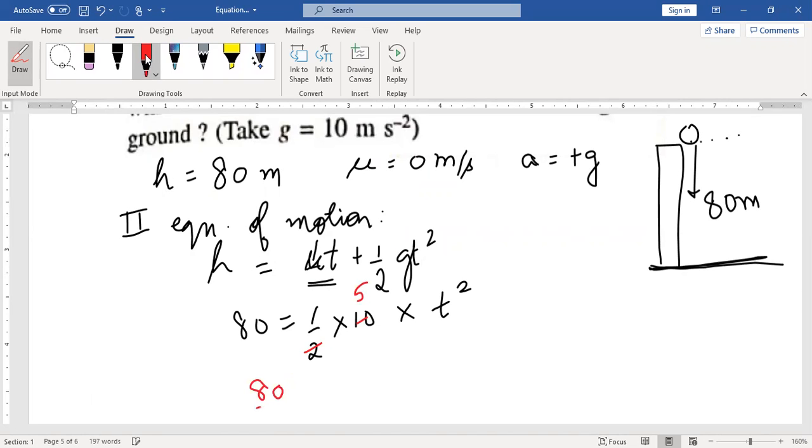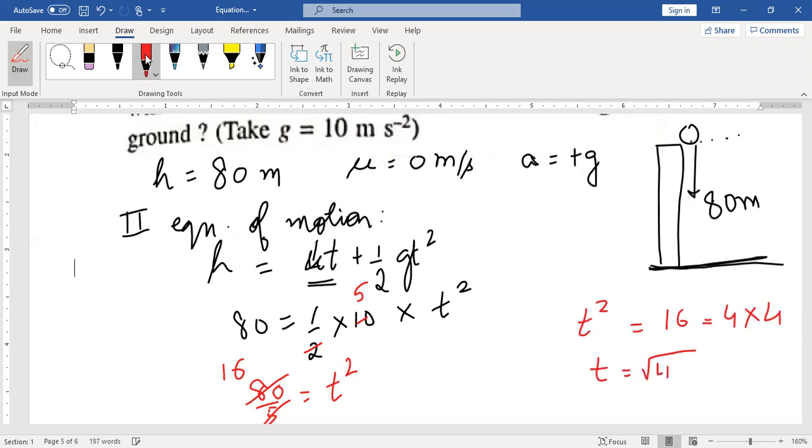80 upon 5 is equal to t square. So let's cancel out. 16. So t square is equal to 16, which can be written as 4 multiplied by 4. So what will be t?